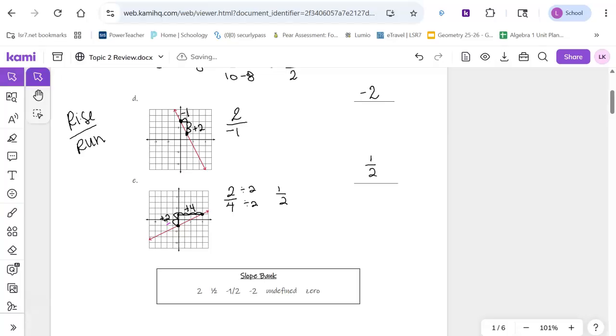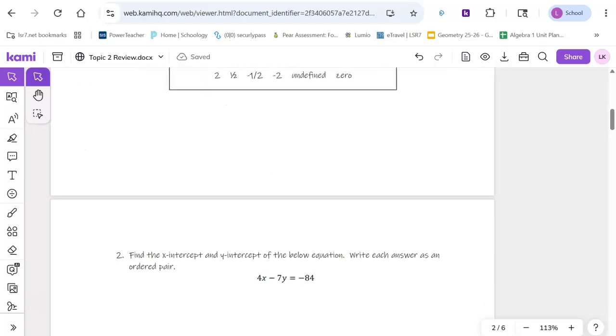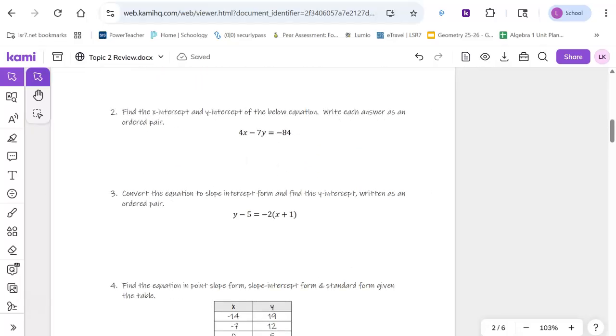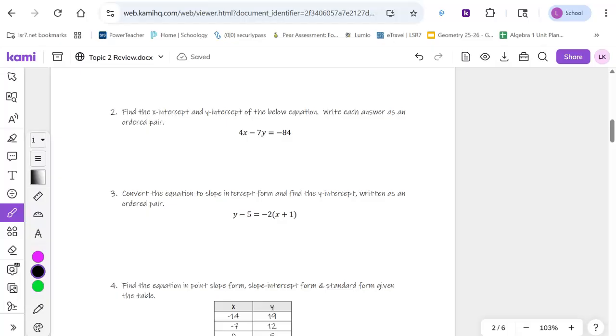Now we're going to look at number 2 that says, find the x and y intercepts of the below equation. Write each answer as an ordered pair. That's important. First off, you need to remember to find the x-intercept, plug 0 in for y.